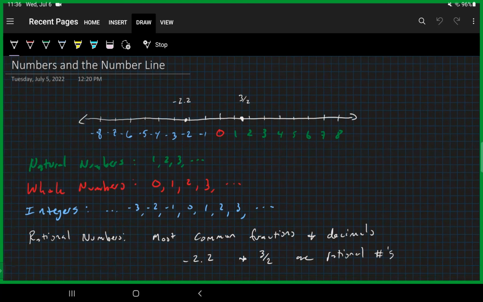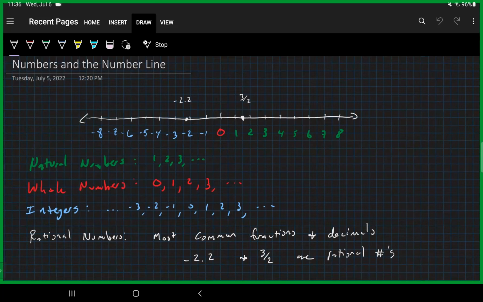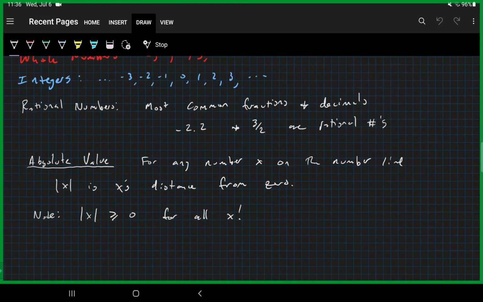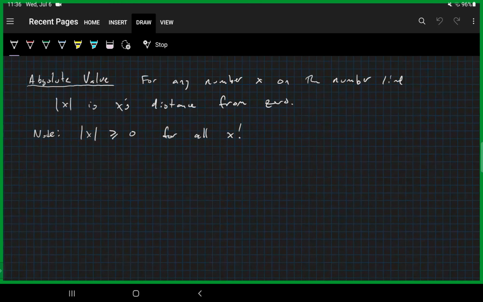I want to talk about what absolute value is. So the absolute value of a number is that number's distance from 0 on the number line. Here I have the absolute value of x. It's represented with vertical bars, and since x is a variable, that's just the absolute value of some number.